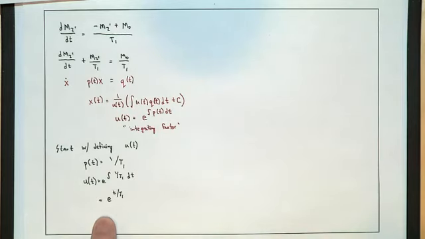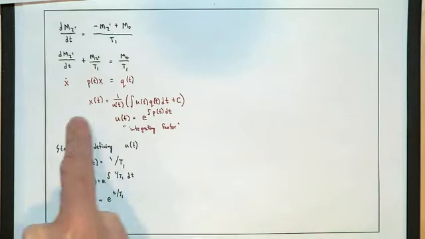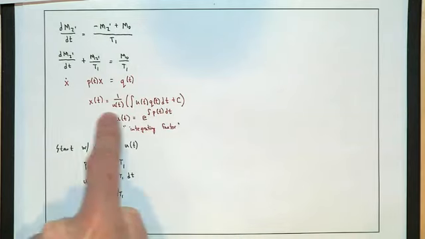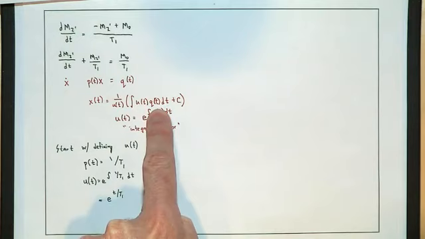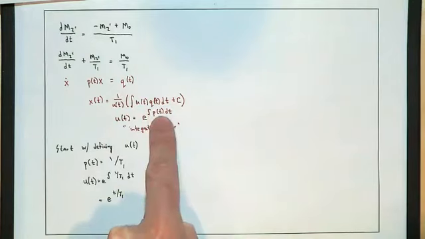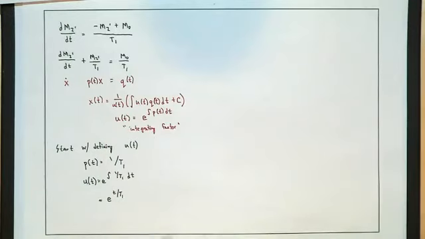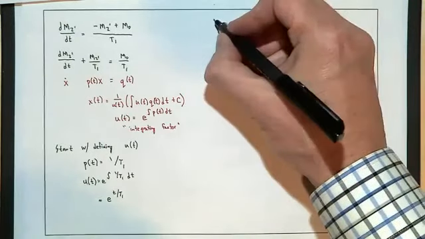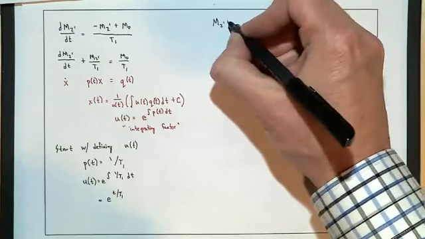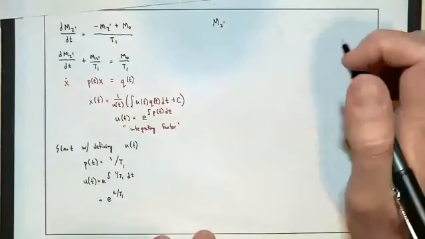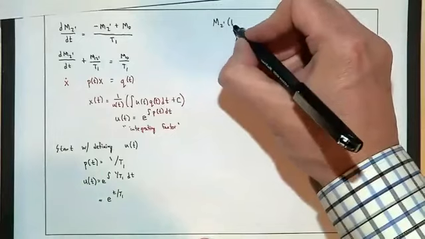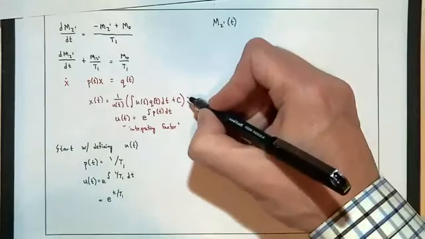And now we can get back at working on the actual solution that we had a second ago, because we know u of t, we know q of t, and that's everything we need to know because we had p of t to give us u of t in the first place. So what we have then is mz prime as a function of t, just coming from this expression here.